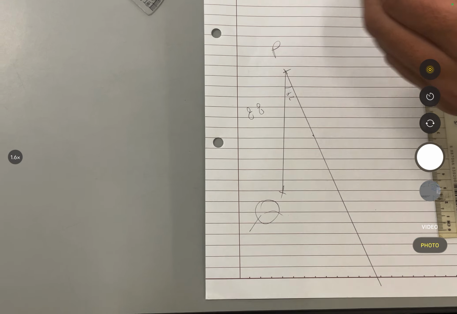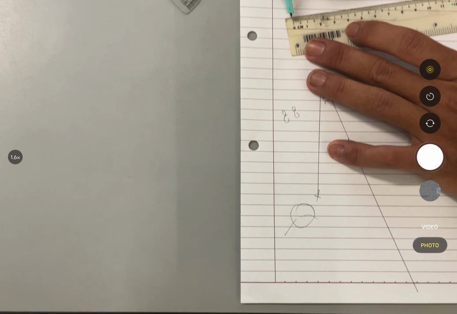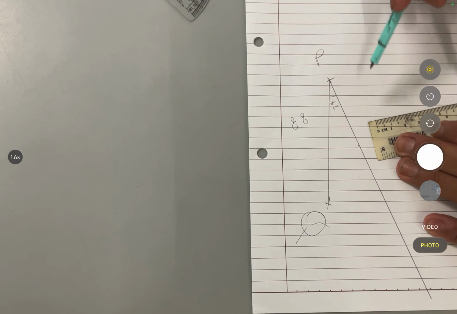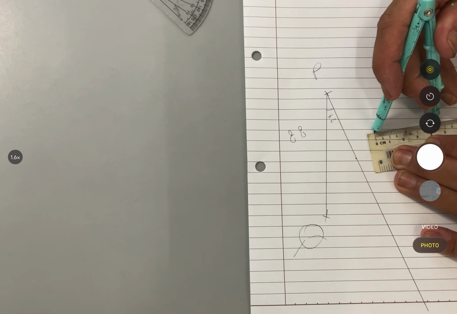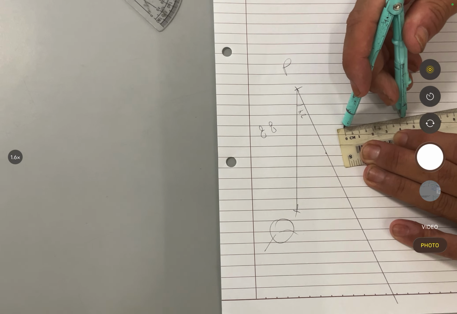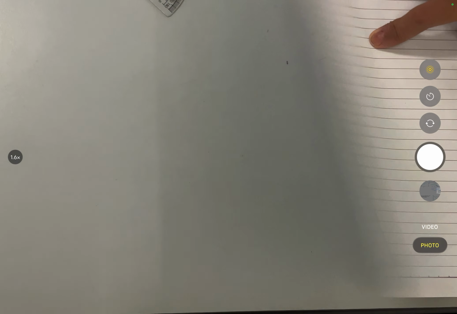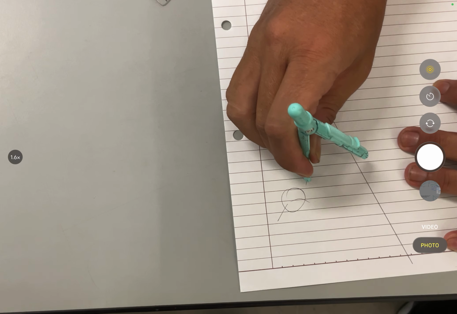Remember distance, use your compass. So I measure a 4.3. Here. Okay, I set my compass to 4.3. Then I put the center at Q because 4.3.